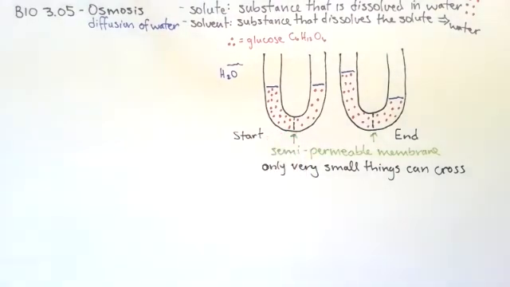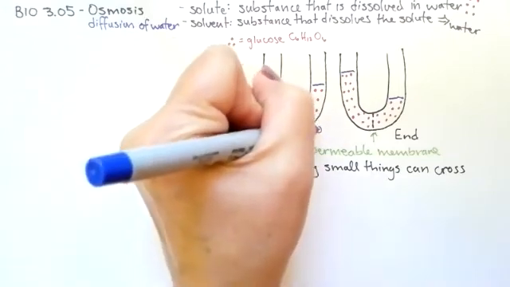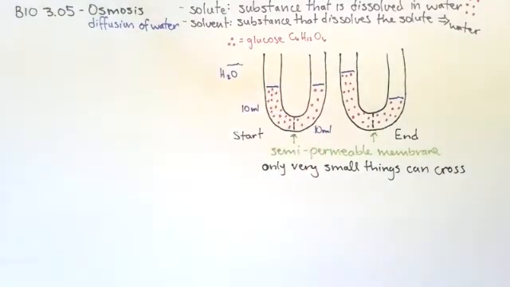Now we defined concentration in our last video as the amount of substance in a given area or volume. So let's say I have 10 mils of water on this side, and 10 mils of water on this side to start with.